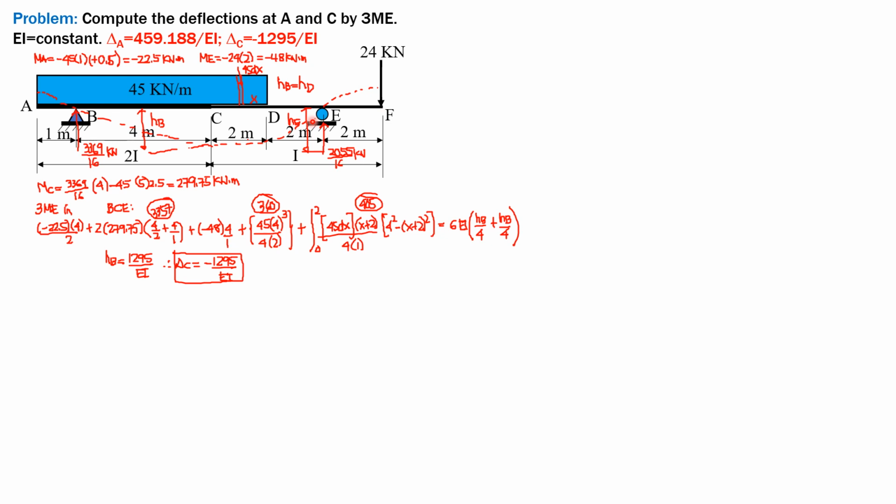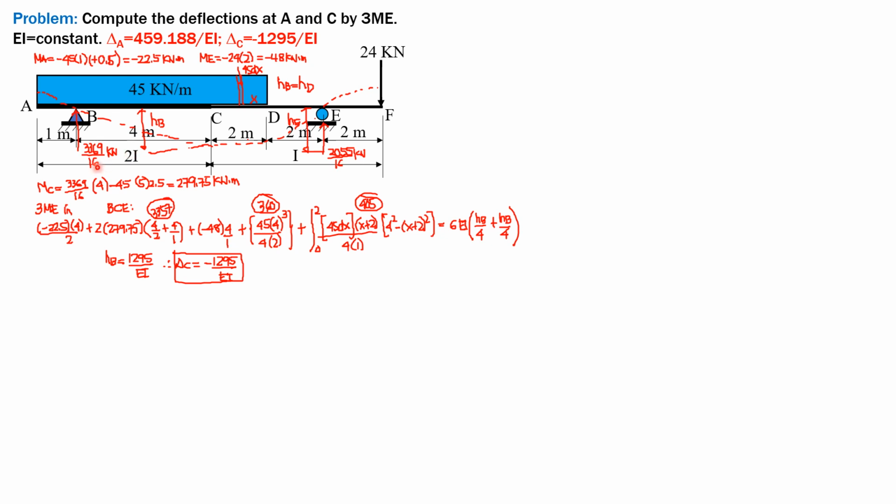So I want you to apply the three moment equations in solving for the deflections at D and at F, which is the same as finding the deflection at A and at C. So you will have an idea on how to find it.